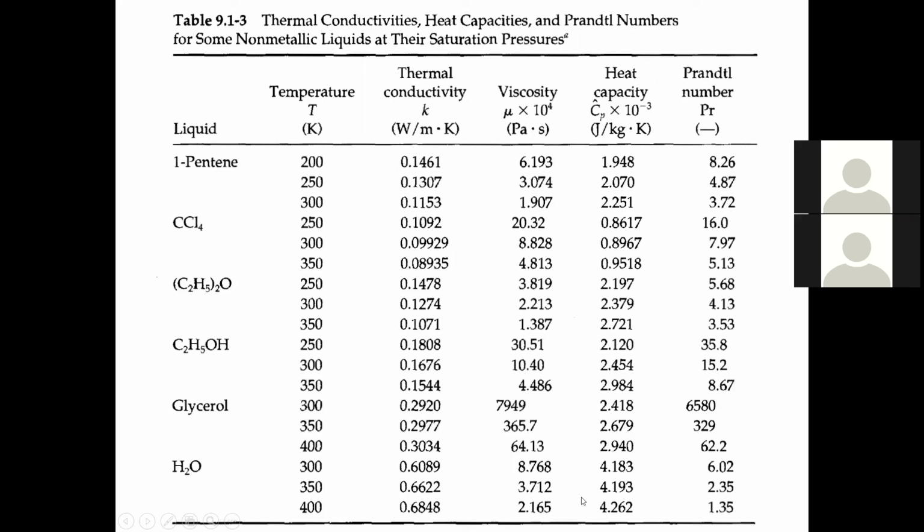It doesn't have to always be the case, I think. Is it the case for all of these? It seems to be in this table for all of these liquids, as you heat them up, the thermal conductivity will go down too. So one thing that is important is that in momentum transfer, we used to take viscosity, especially for Newtonian fluids, as constant.